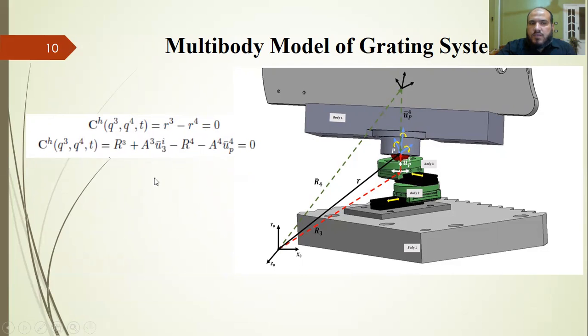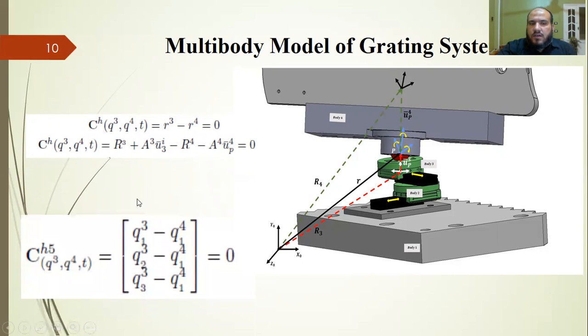As we can see, we have 3 constraint equations because the spherical joint constrains the motion in 3 directions, x, y, z, but allows the joint to rotate about 3 axes.